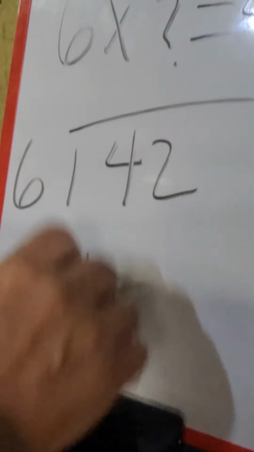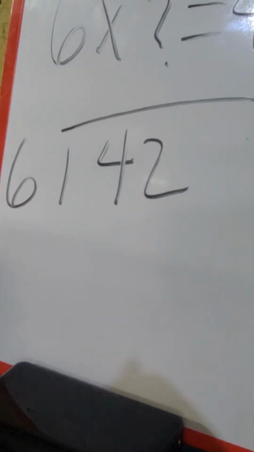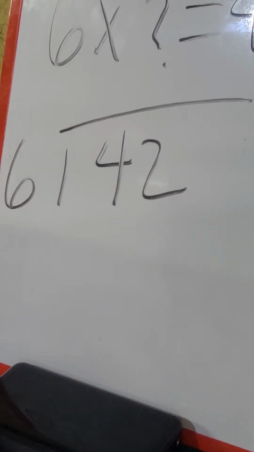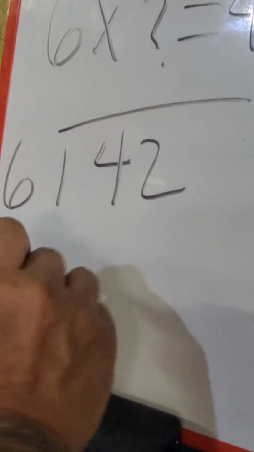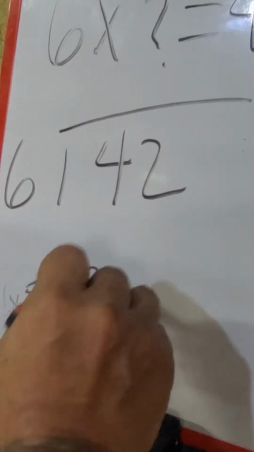So we know that already. Let's do 6 times 5. What's 6 times 5? Remember: 5, 10, 15, 30. Remember, 6 fingers. So 6 times 5 equals 30.